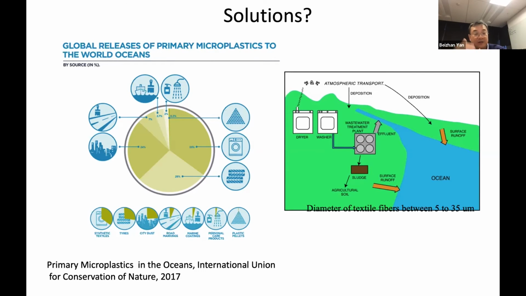Maybe they are good for long fibers, but not for small, tiny microplastics.